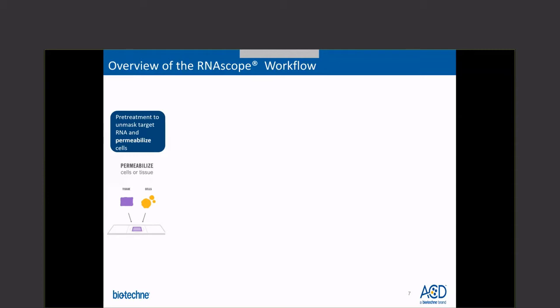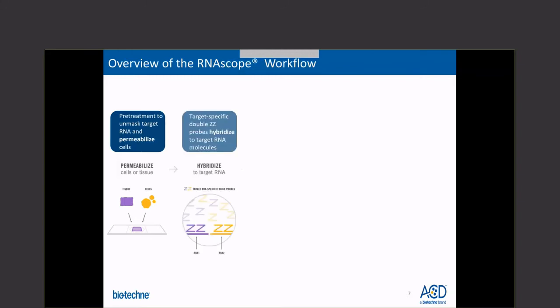The pretreatment allows unmasking of the target mRNAs, thus allowing the target probe to penetrate into the cell and hybridize the target RNA sequence. The target probe is a pool of oligos that are designed using our established bioinformatics algorithm, which allows for target specificity.